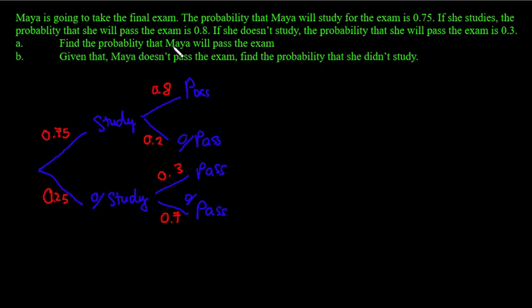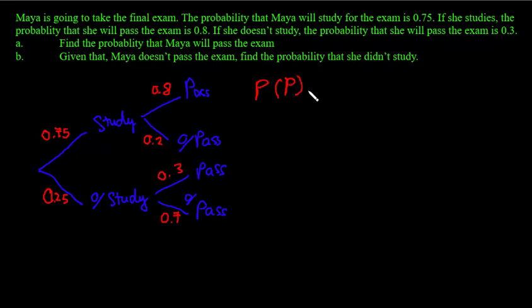Find the probability that Maya will pass the exam. If she studies, she will pass the exam in this way, and if she doesn't study, she will also pass the exam in this way. So we have to find the sum of these two ways to find the total probability that she will pass.